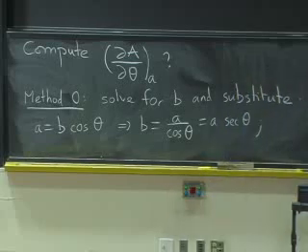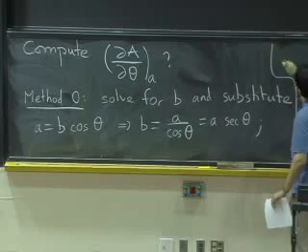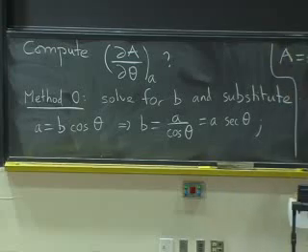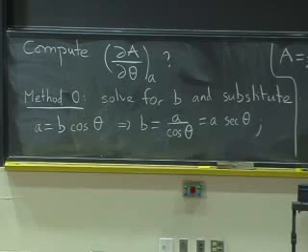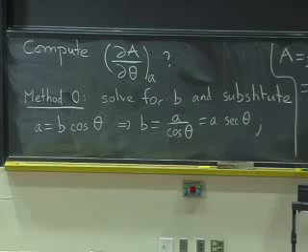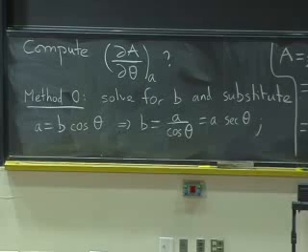And now if we express the area in terms of a and theta only, A is 1/2 of ab sine theta, is now 1/2 of a squared sine theta over cosine theta, or if you prefer, 1/2 of a squared tangent theta.